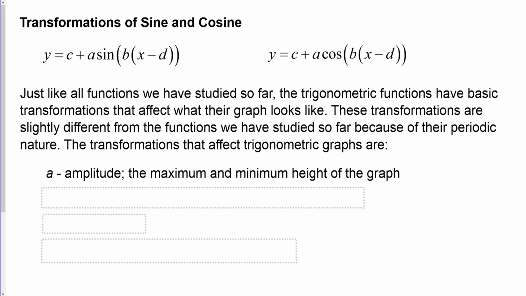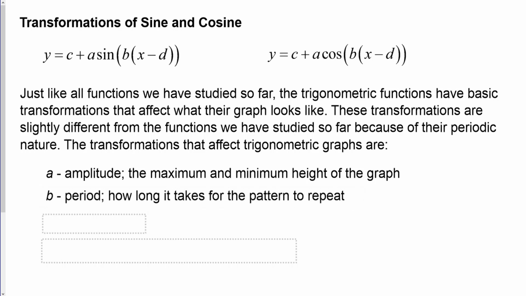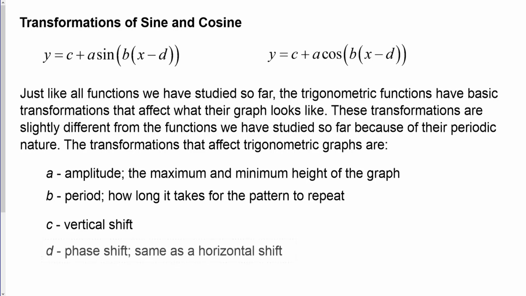This is the maximum and minimum height of the graph. B is the period, and that's how long it takes for the wave pattern to repeat. C is the vertical shift, so just moving the graph up or down a certain number of units. And D is the phase shift, which is the same thing as a horizontal shift. It's just named a phase shift when it comes to trigonometric functions.